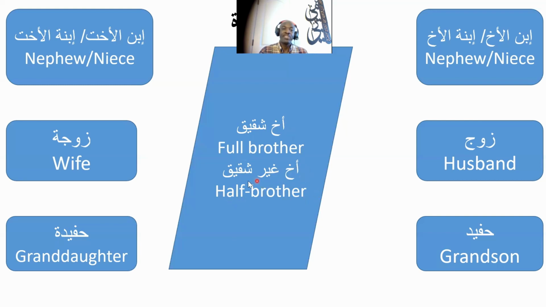And at the same time I can say ukht shaqiqa, but I have to add a ta marbuta to shaqiq to indicate that it's a feminine noun. Ukht shaqiqa, full sister. Ukht ghayr shaqiqa to indicate half sister.